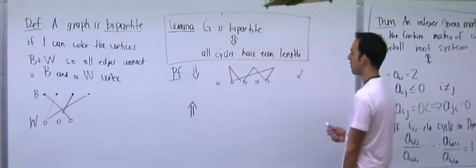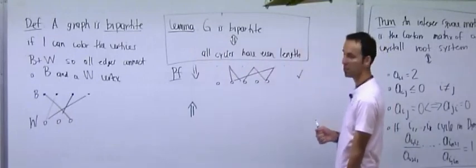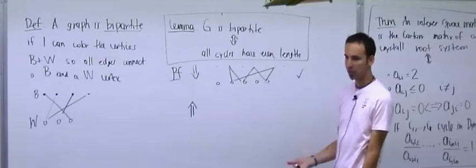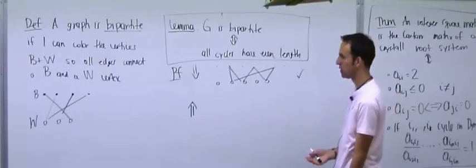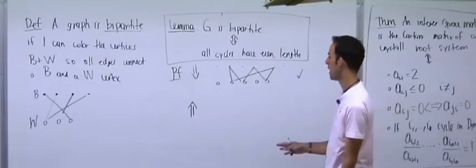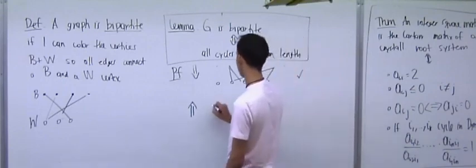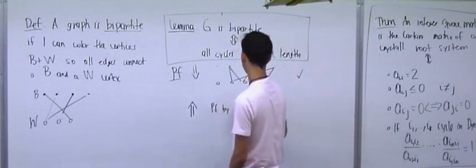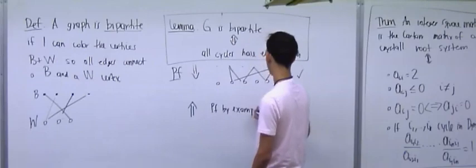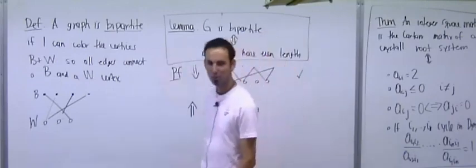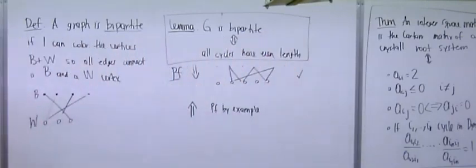Now, if I have a graph where all cycles have even length, I have to prove that it's bipartite. So what I have to do is color it. Let me show you how you do this. Let's do proof by example. Since we have a nice example here already, let's do it here. Here I have a graph with only even cycles. I want to color the vertices black and white.